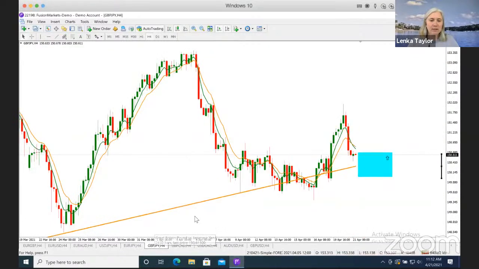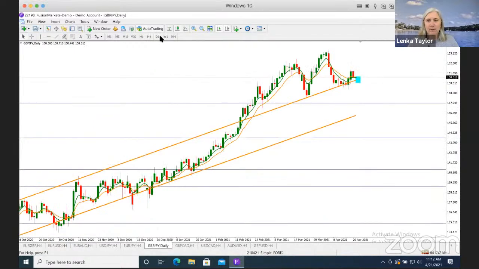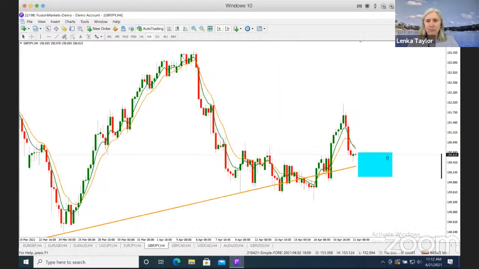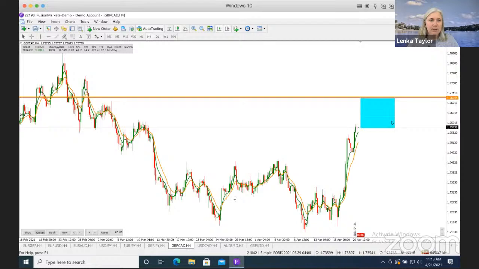So looking at GBP JPY, I'm also looking at a long. It's already at the top of the channel there, but if there is a price indicating a reversal around that area, then I'm looking for a long. Next currency pair I'm going to look at is GBP CAD.